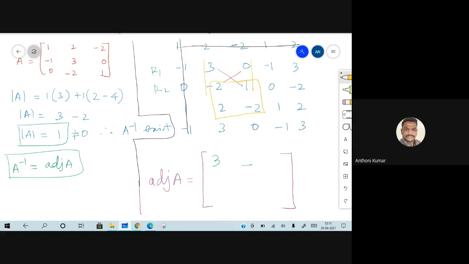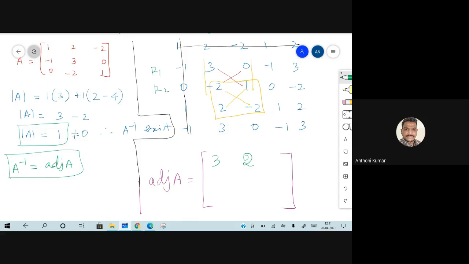So now you take the determinant of these two, this minus this. So minus 2 into minus 2 plus 4. Plus 4 minus 2 is 2, correct? It is 2. And the element is going to come in the first row.